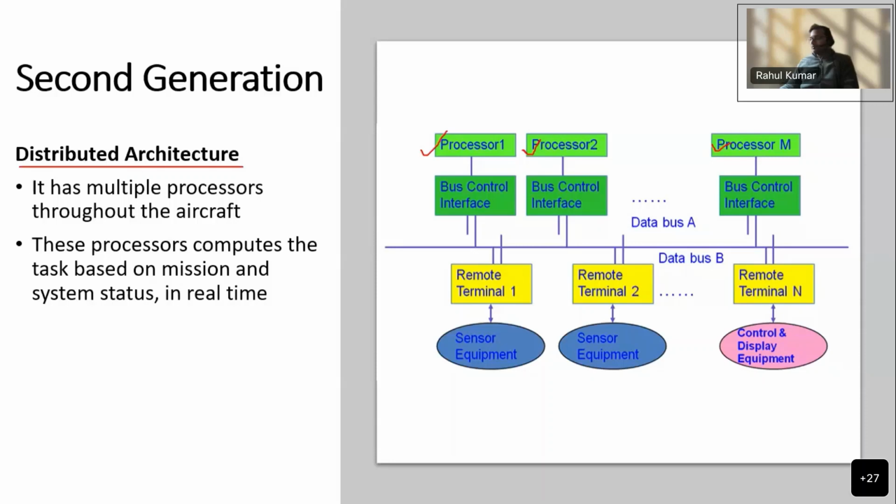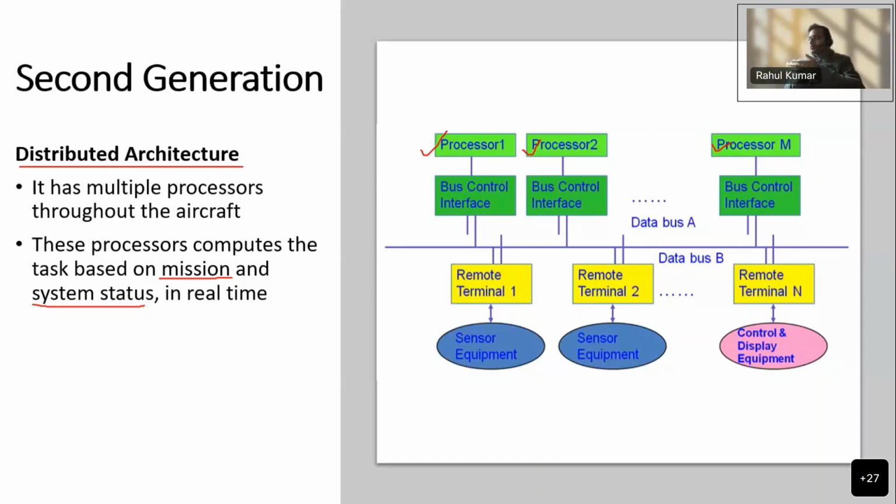These processors process the data in real time within the subsystem itself, according to whatever your mission is and whatever the status of the system is. And now the processed data is sent on the data bus.